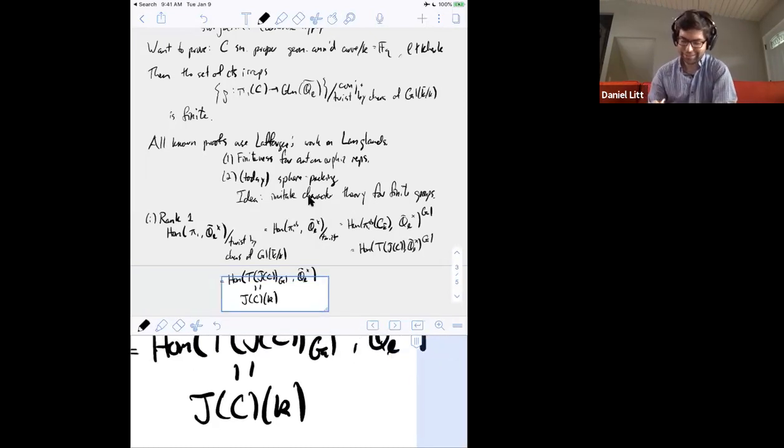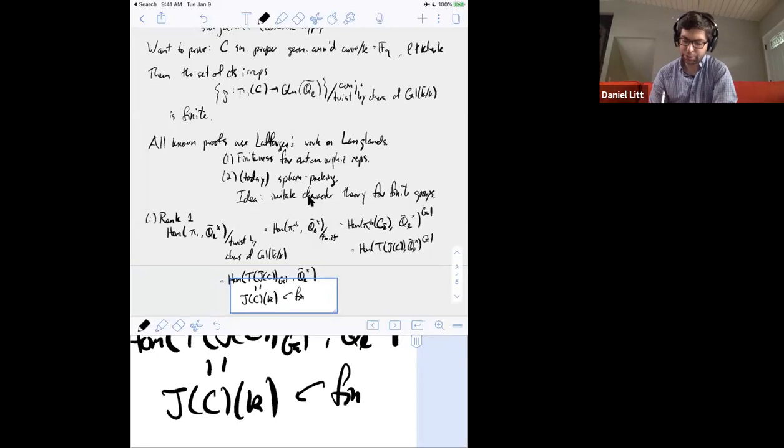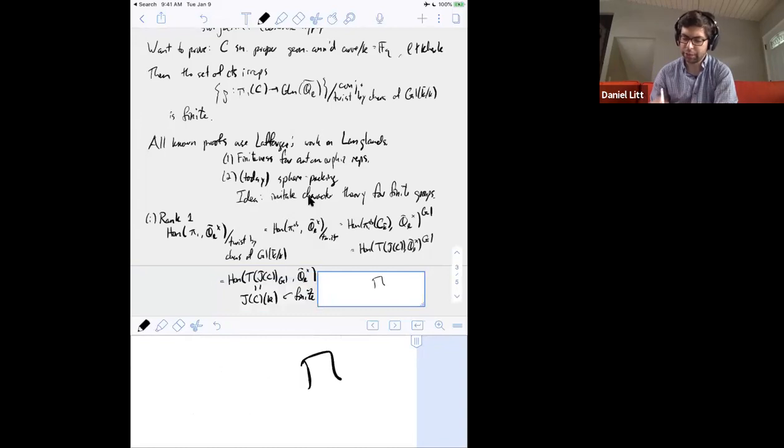Zach is right. So this is a finite group. So now we're looking at the set of characters of a finite group, and there are finitely many of those. So we win in the rank 1 case. Great. There are a lot of equalities here that I haven't justified, and I won't. You should, as an exercise, try to justify all these equalities of Homs. And if you can't, you should ask me after the talk or come to my office hours tomorrow.